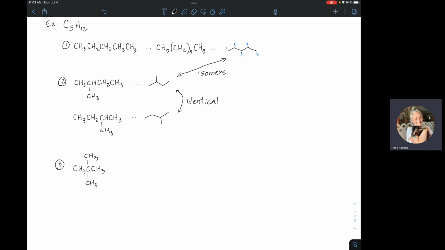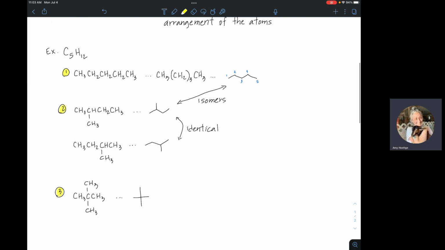I've just arranged these differently. And I have this. So these are all isomers, all 3 of these are considered to be constitutional isomers, meaning how these things are put together.